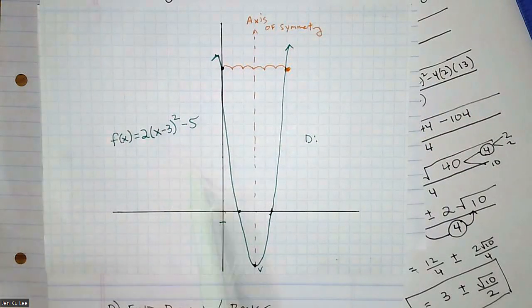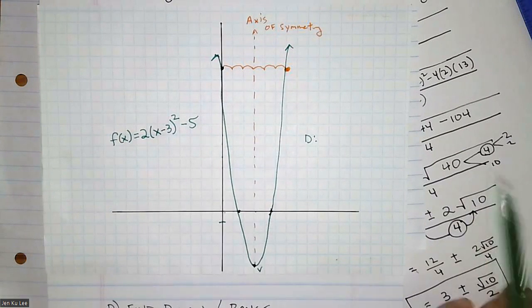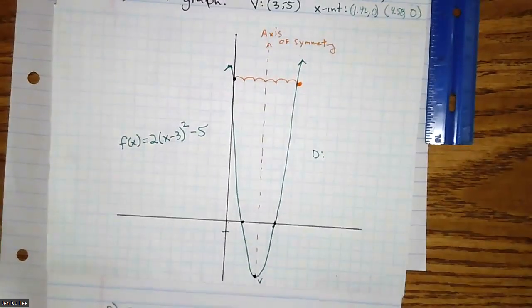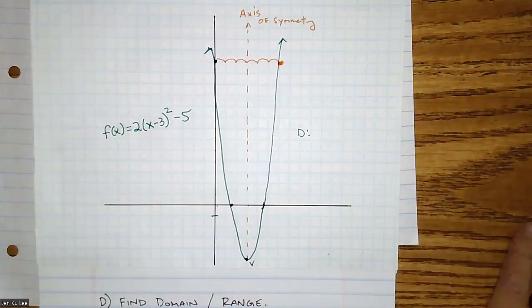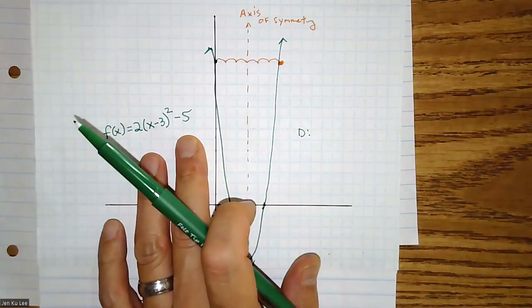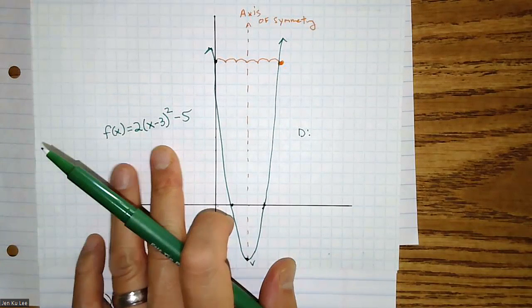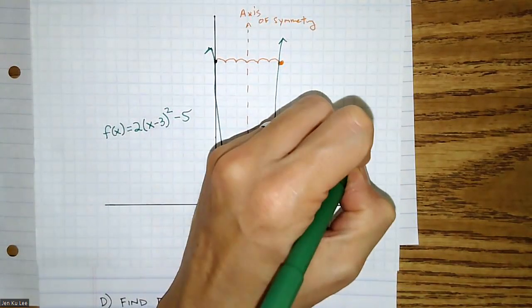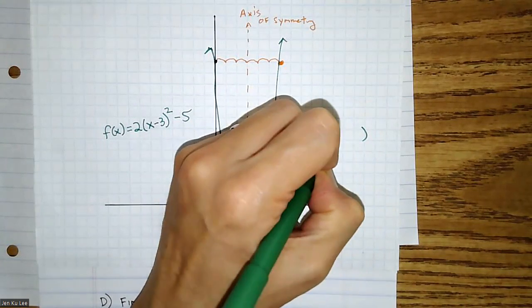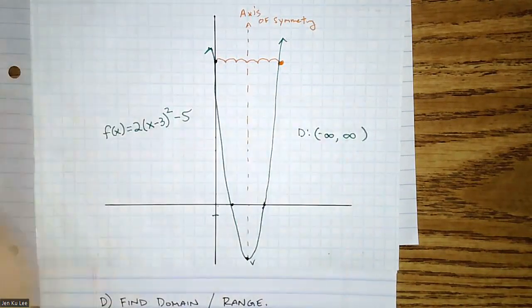Remember, we talked about the restrictions on the domain: anything where my denominator can't have a 0, or square roots. There's no fraction here. There's no square roots here. There's no even powered roots here. So there are no restrictions. So it's negative infinity to positive infinity.